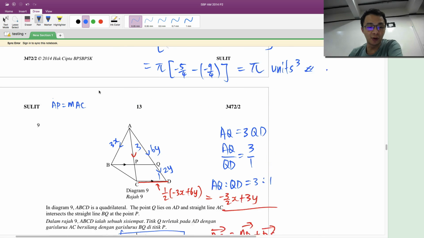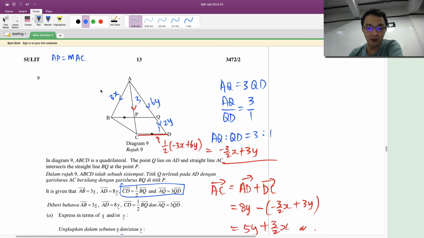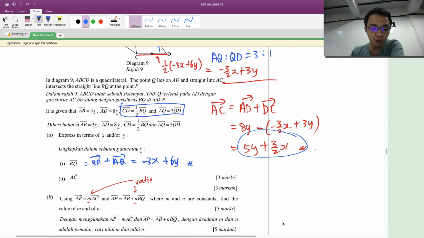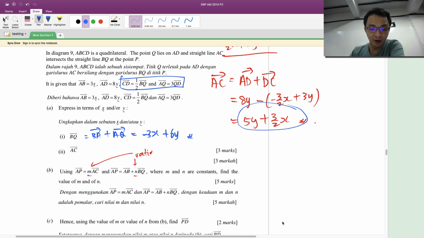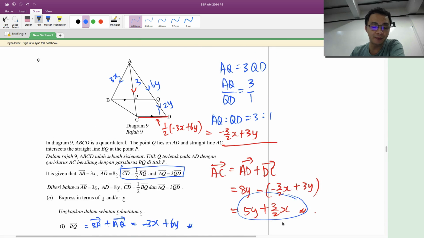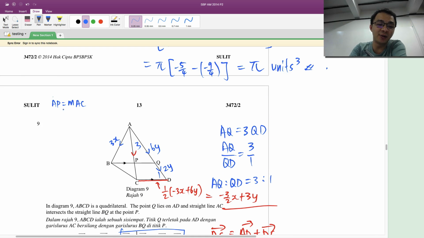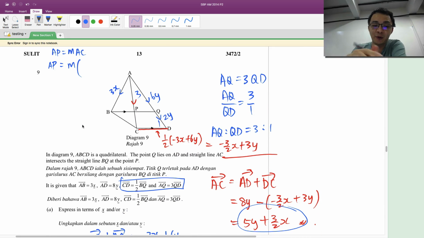So I'm trying to substitute the things I have. I have AC over here. Do I have AP? I do not have AP. But the question asks you to find m and n. So I just substitute my AC into that. So my AP equals m times AC, the answer just now, which is 5y plus 3 over 2 x.